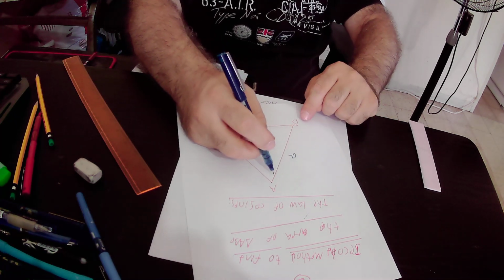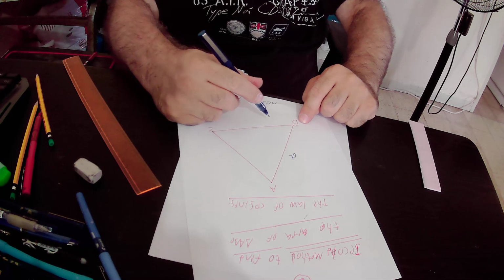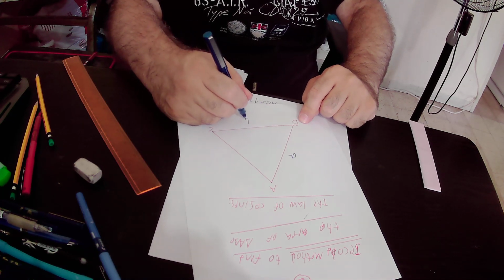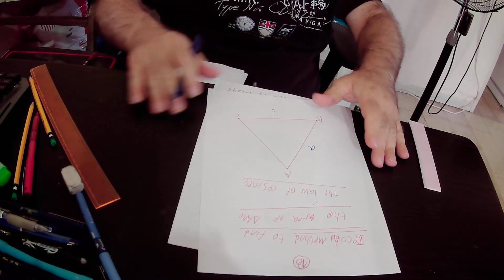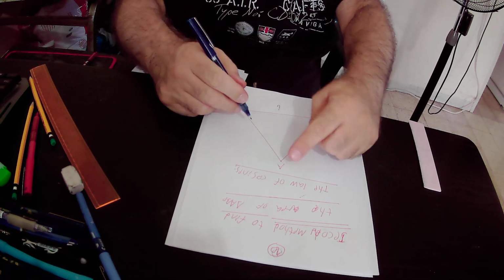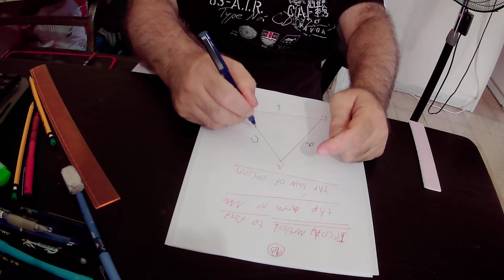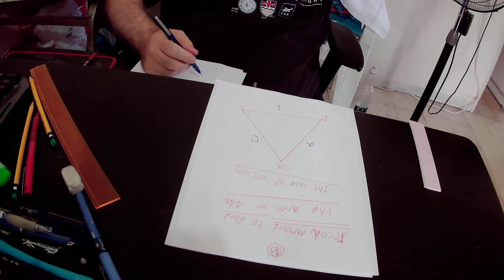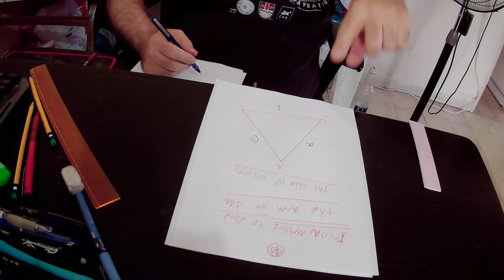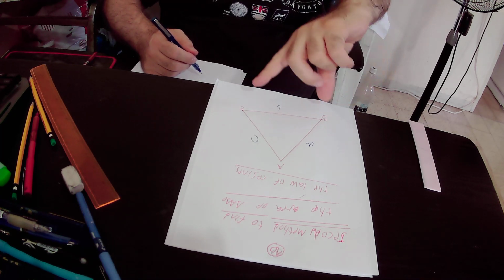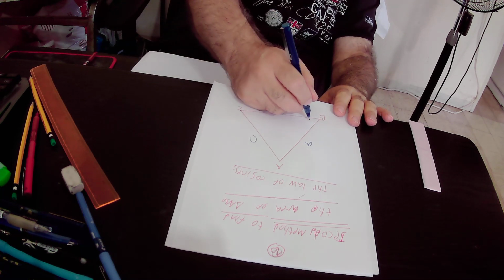The size of side AB is a. The size of side BC is b. And the size of side AC is c. And we also know that the angle between AB and BC is theta.